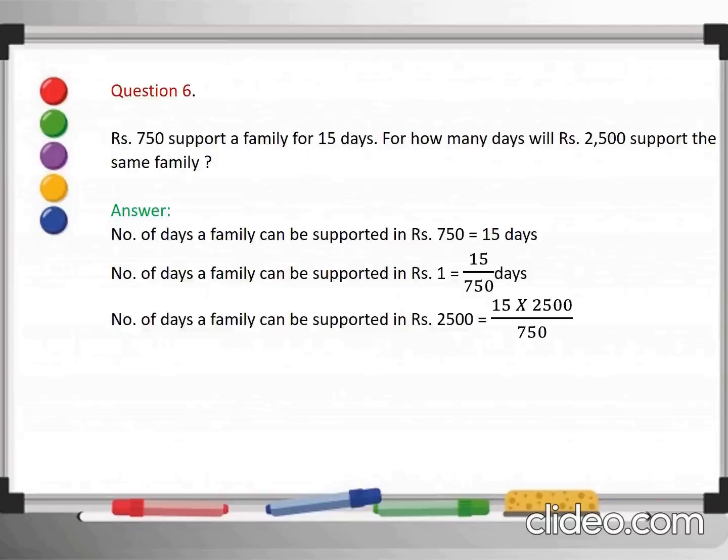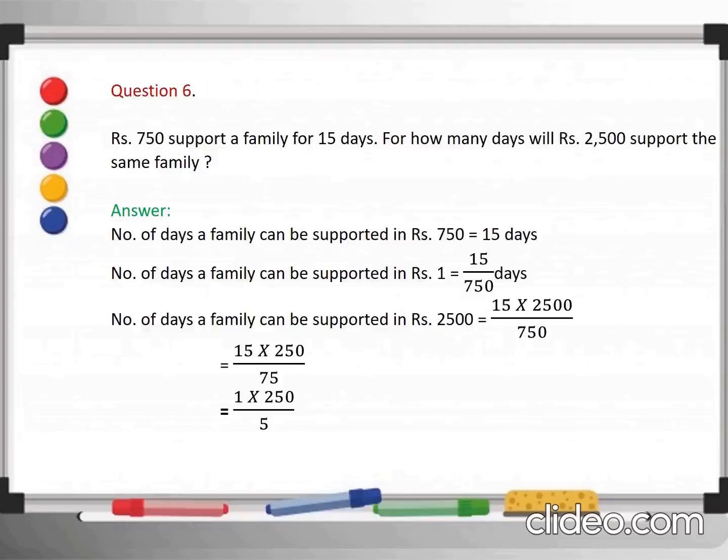Now here we can do cancellation by the 10 table. 2500 and 750 we can cancel by the 10 table. So we'll get 15 into 250 upon 75. We can further divide by the 15 table. So 15 ones are 15, 15 fives are 75.